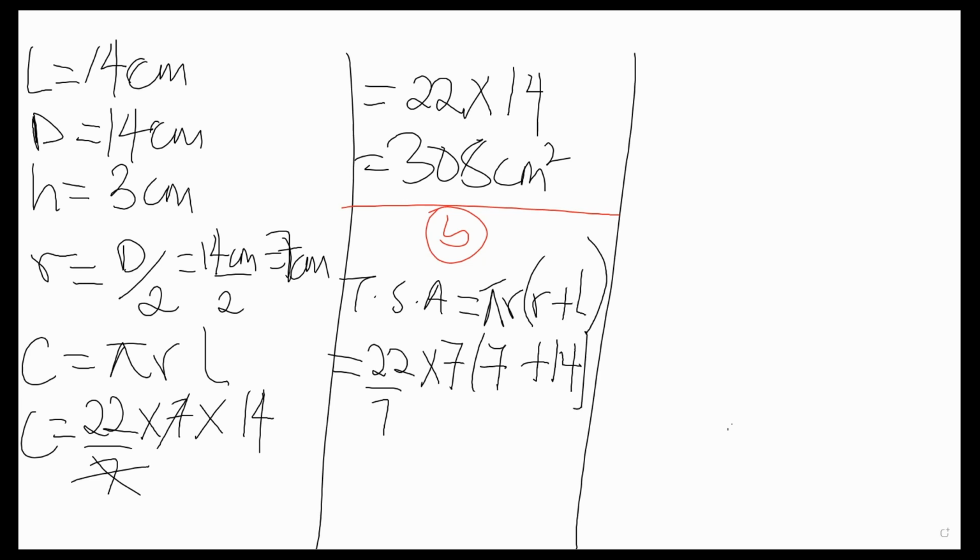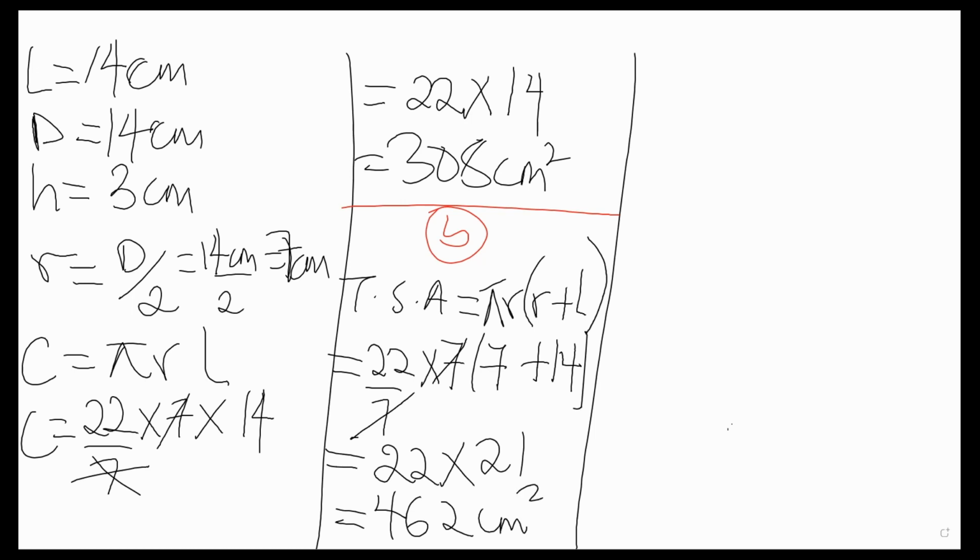Now let's cancel out 7 with 7. So we have 22 multiplied by 7 plus 14, which is equal to 21. If you multiply everything together, it's going to give you 462 centimeters square, which is the total surface area of the cone.